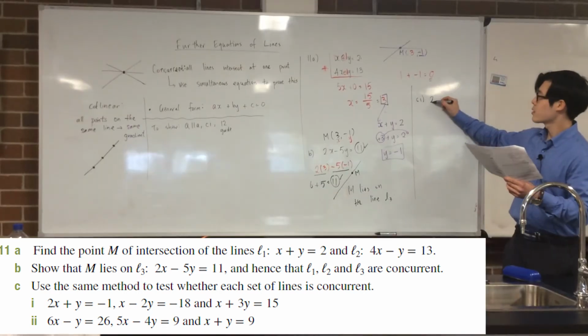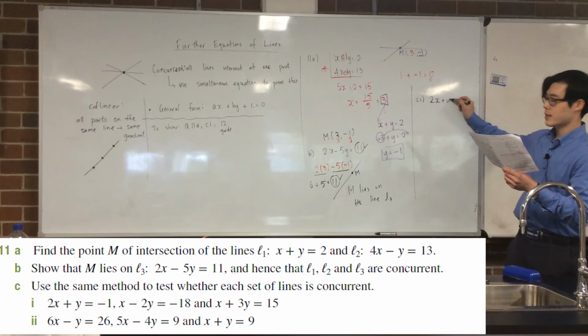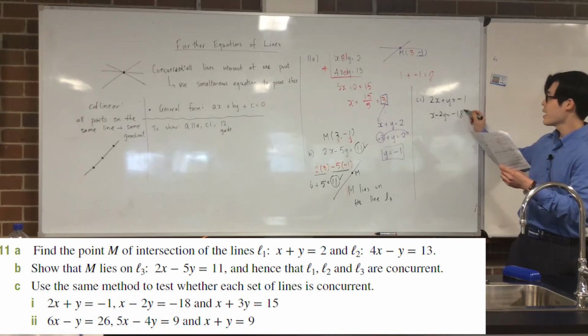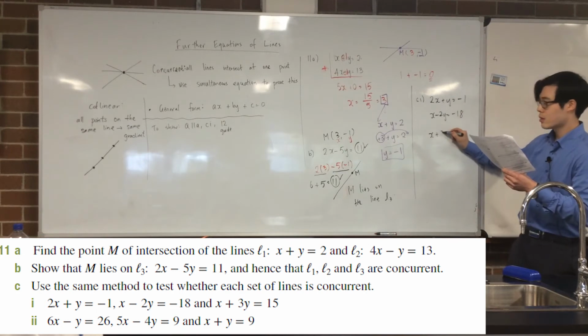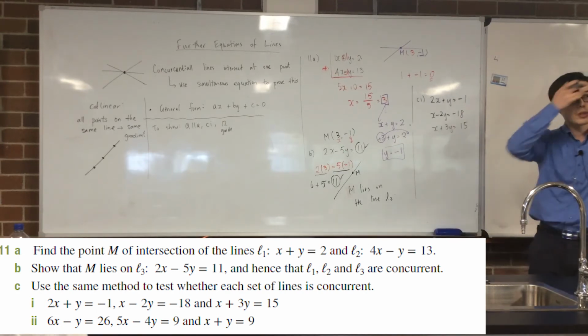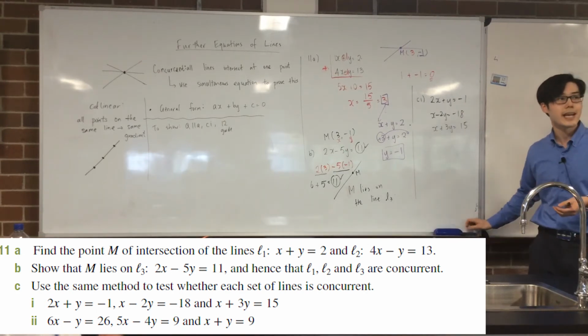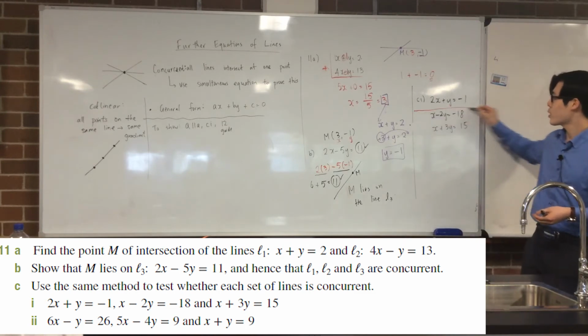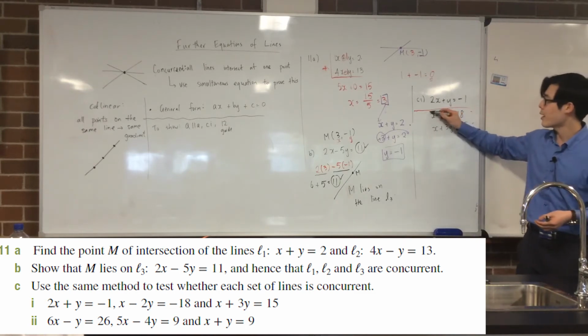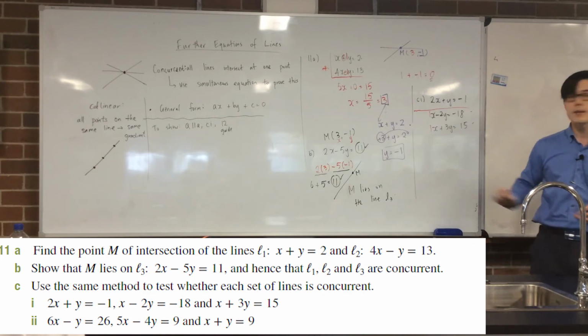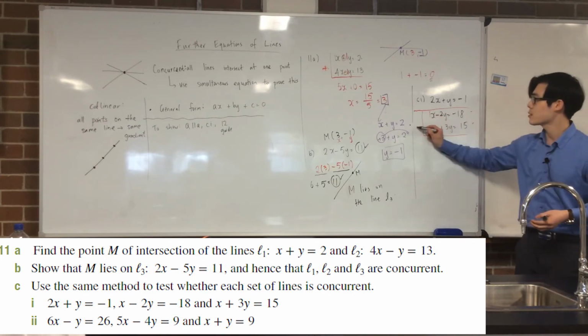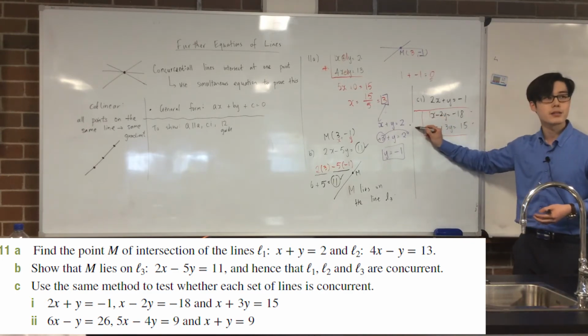So part c. Girls, I've got 2x plus y equals minus 1. And I've got x minus 2y equals minus 18. And they've given you a third one as well. Okay, you want to start with the two equations that have the same number in front of the letter. So I want to work with these two because they both have 1x. All I need to do now is what operation? Take away or plus?